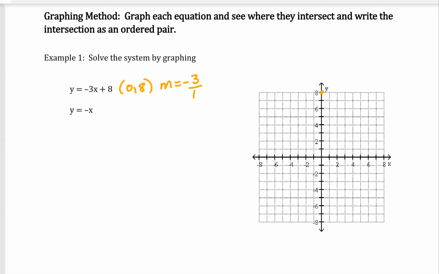So I will go down 3 and right 1. And then I will connect the dots.